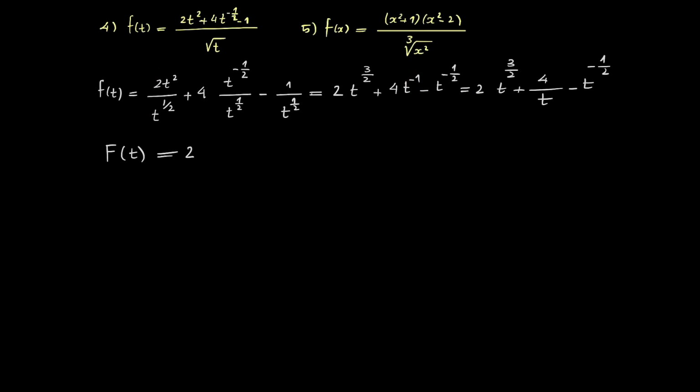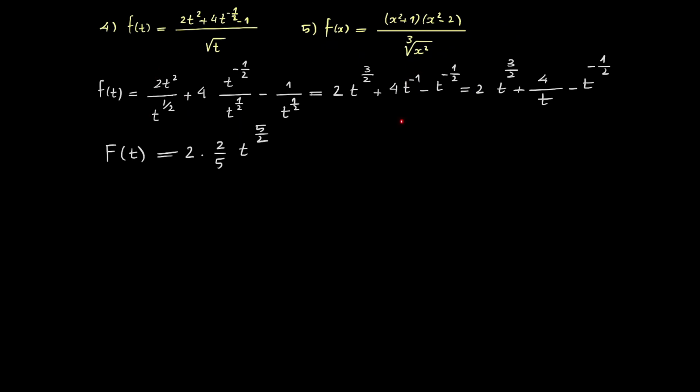Okay, and then I have 2. Can you do that one in your head? 3 over 2 plus 1? 5 over 2. But it appears in the denominator. So when you bring it up, it becomes 2 over 5. Yes? So it becomes 2 over 5, but t to the power of 5 over 2. Yes?